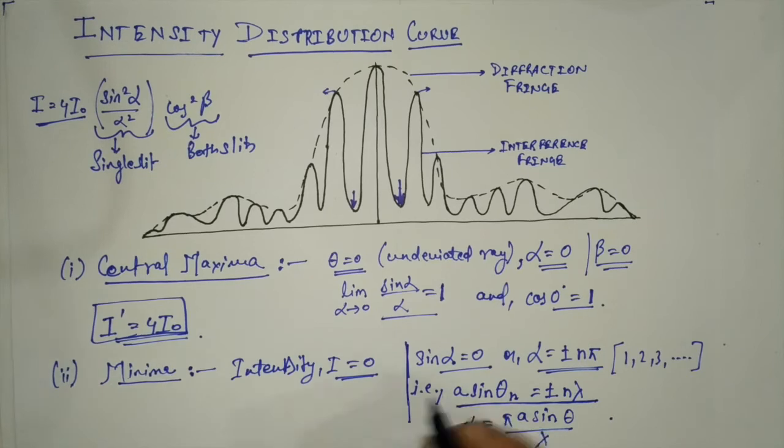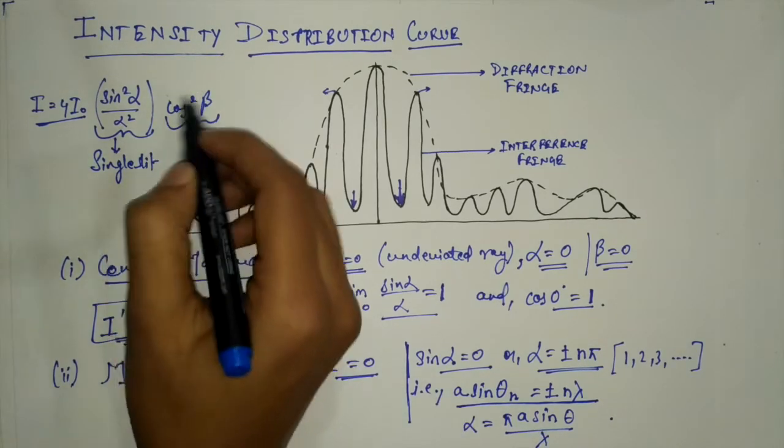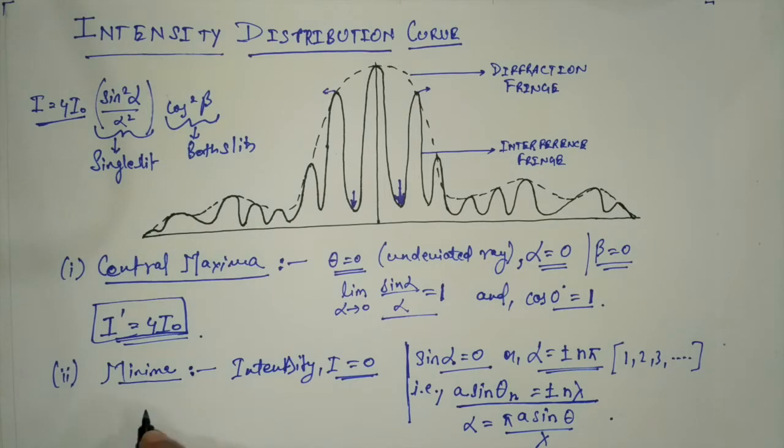Now we will proceed to the function cos square beta. So beta will be equal to plus minus 2n plus 1 into pi by 2. Why do we get this value? As we know, cos squared beta is equal to 0.